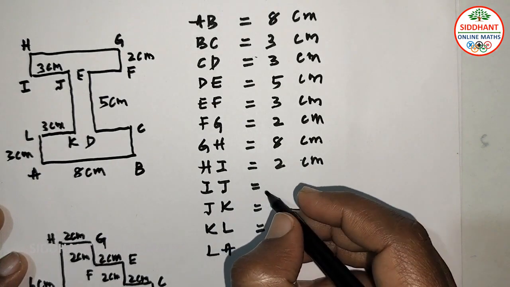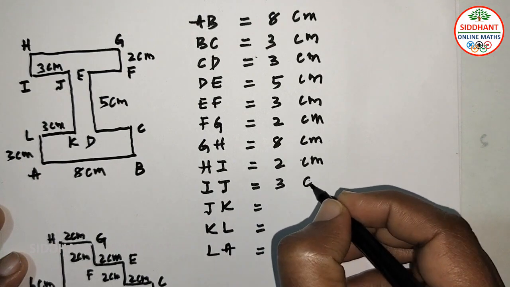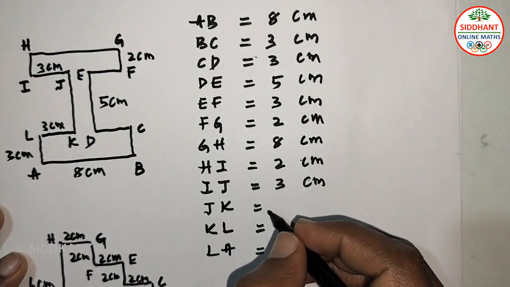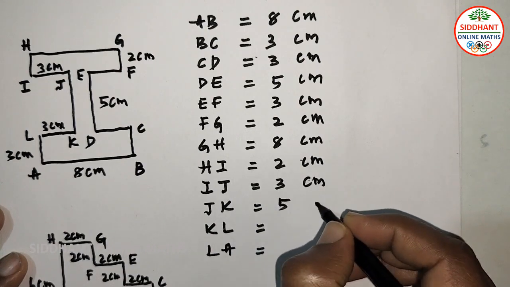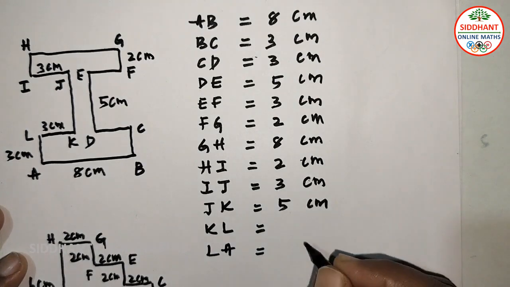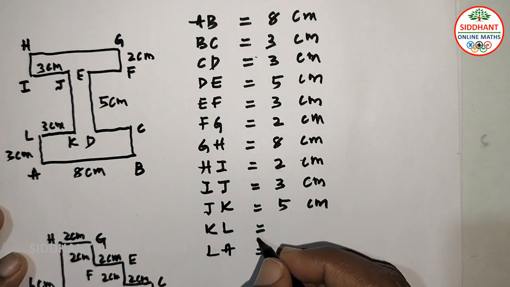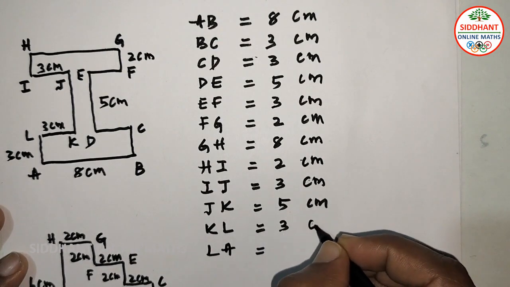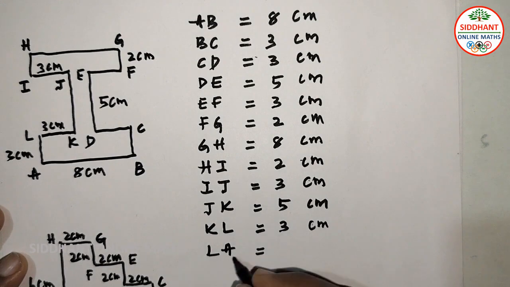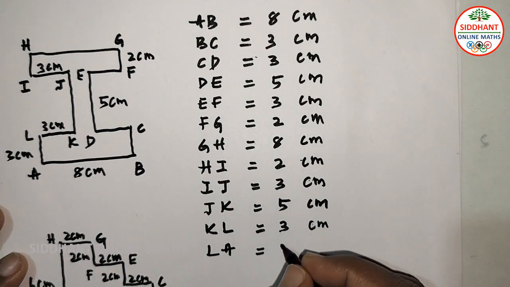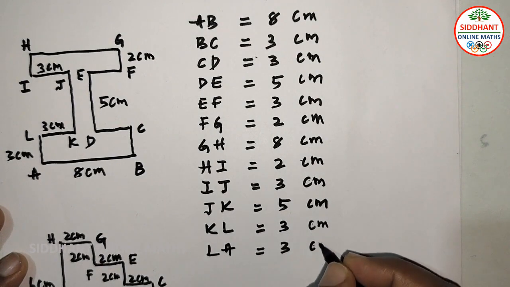Next IJ, which is given as 3 centimeters. Next JK, which is equal to ED, so that is 5 centimeters. Next KL, which is given as 3 centimeters. Next LA is 3 centimeters.